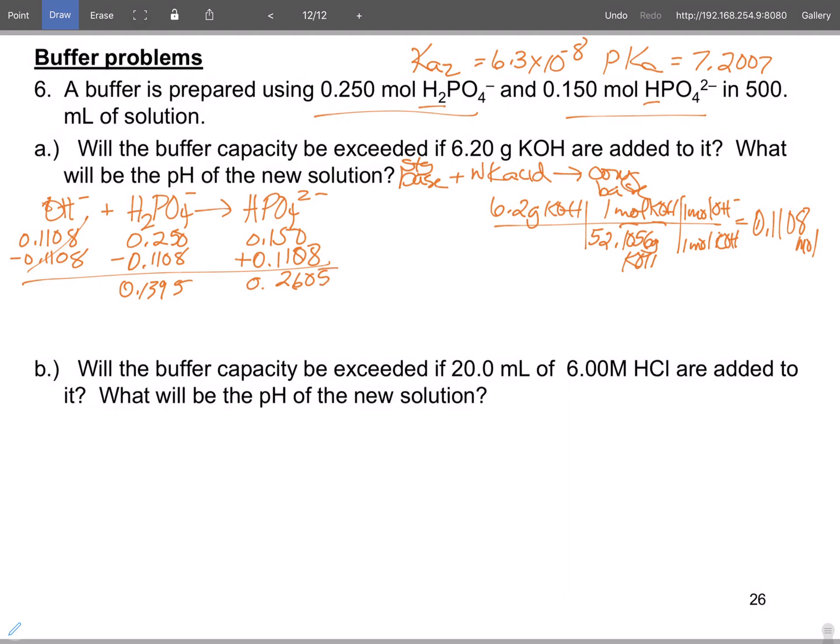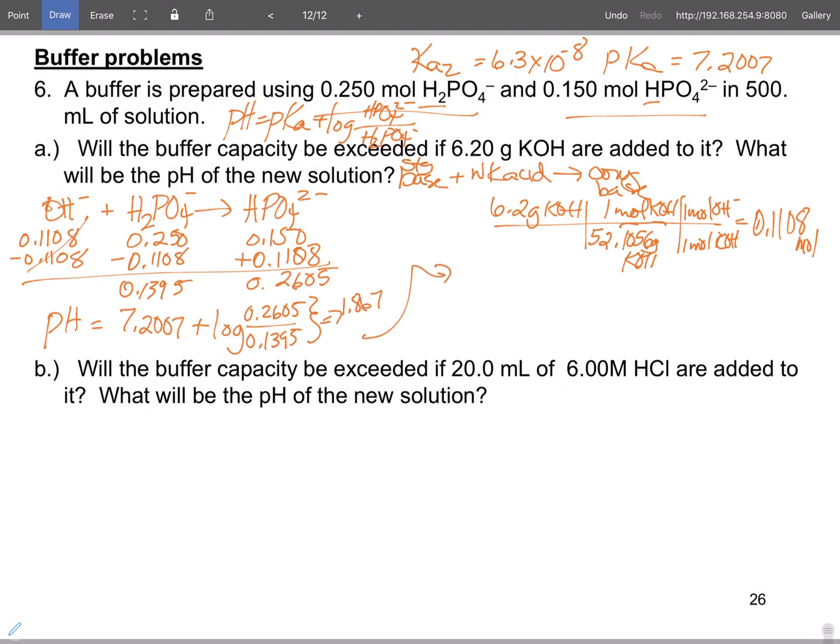Again, we're using the Henderson-Hasselbalch equation, pH is equal to pKa plus the log, in this case, of HPO4 2 minus over H2PO4 minus. So your pH is going to be equal to 7.2007 plus the log of 0.2605 divided by 0.1395, which this ratio is 1.867.